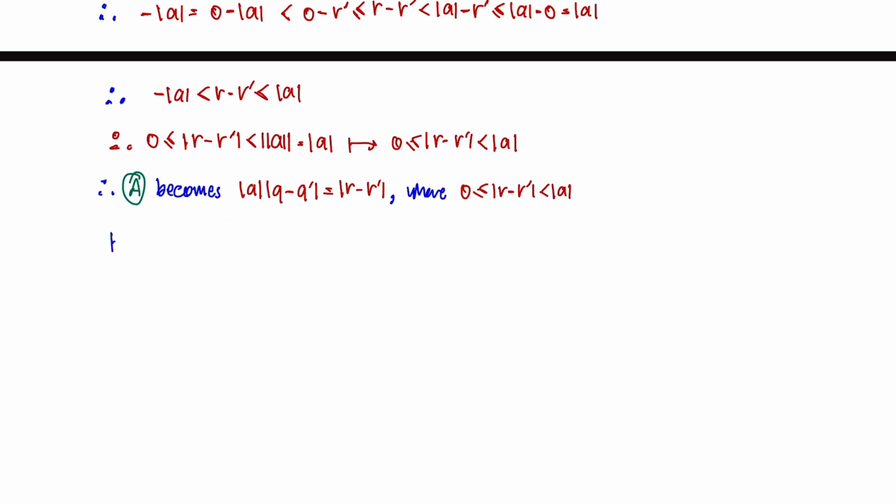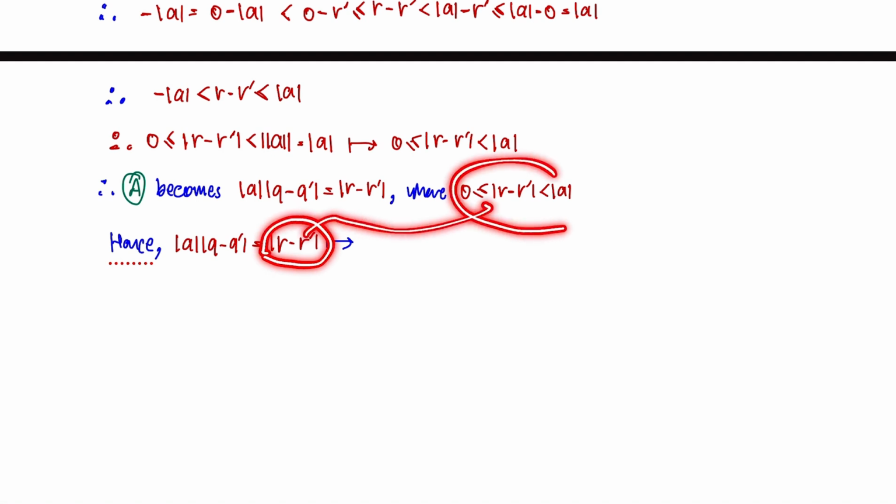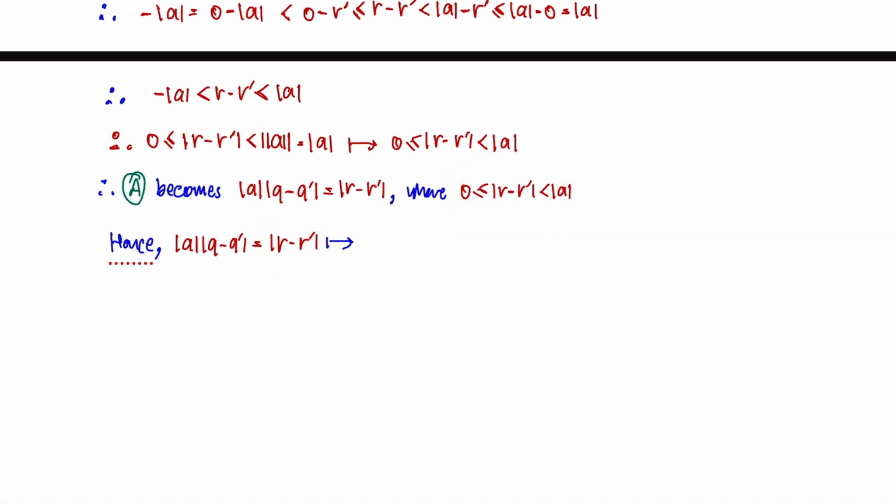We have absolute value of A times absolute value of Q minus Q prime equal to absolute value of R minus R prime, and we have this inequality, so it's going to be greater than or equal to 0.